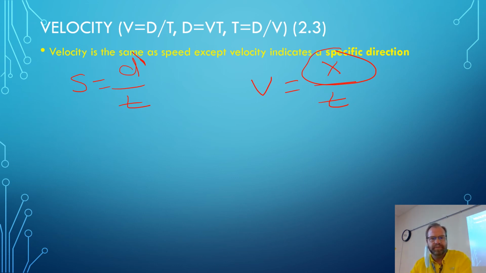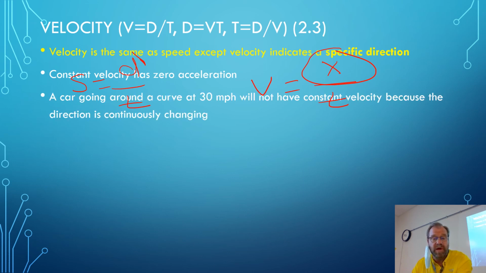Okay. Constant velocity has 0 acceleration, which means no turning, no speeding, no slowing down. You already have that in a note form already. A car going around a curve at 30 miles per hour will not have a constant velocity because the direction is changing, even though it has a constant speed.